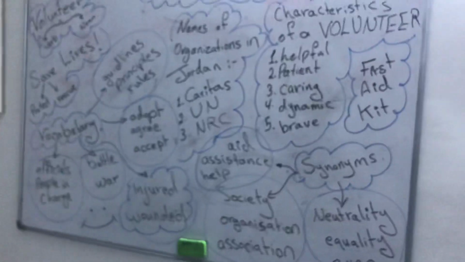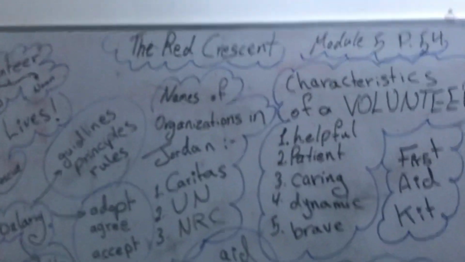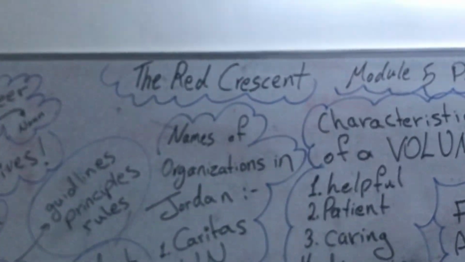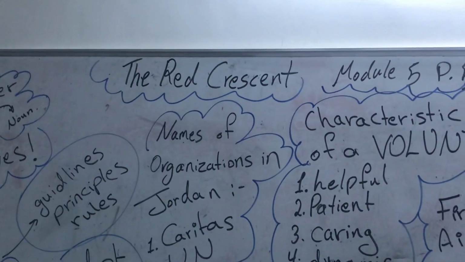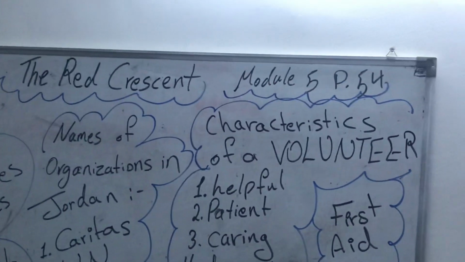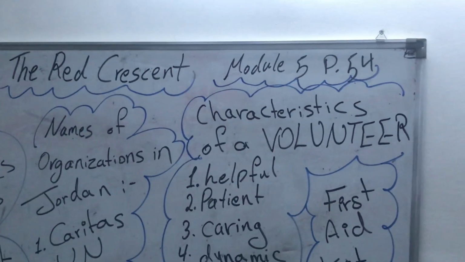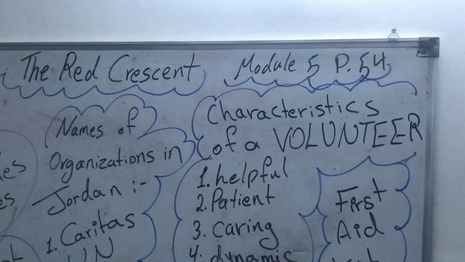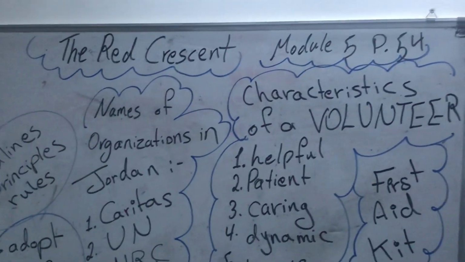Okay. Here. Let's go to our board in here. Okay. So our lesson is called, or the title of it is The Red Crescent, and it's the second part of module 5 on page 54.